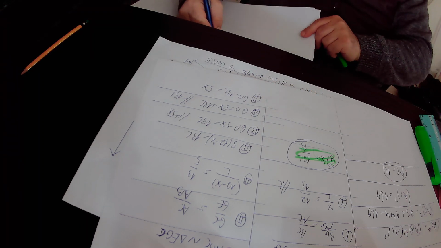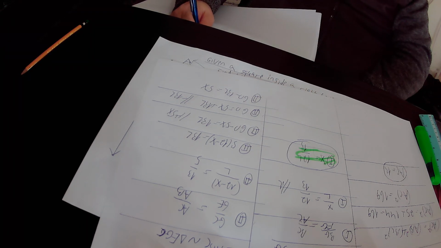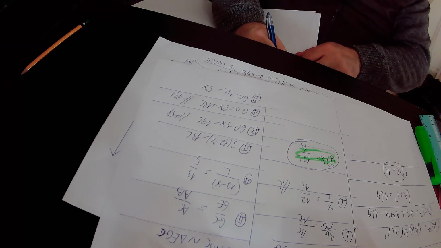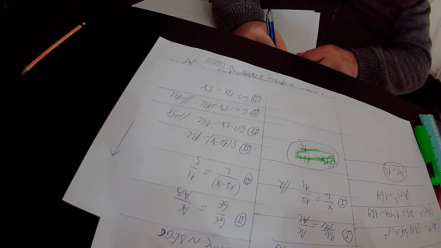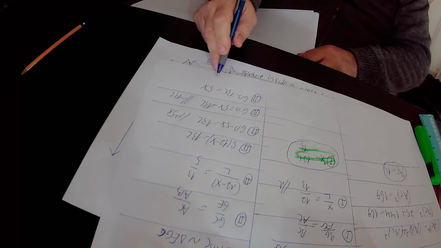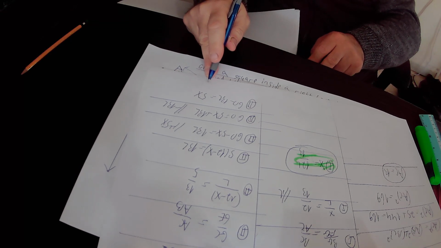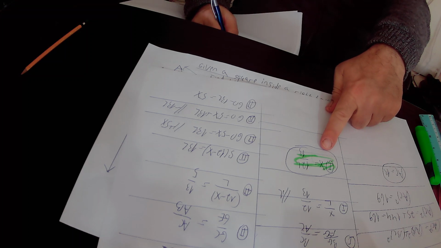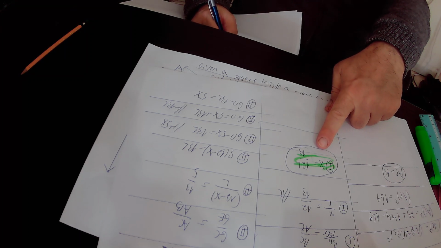We do it now, and we get that according to equation 2, 60 minus 13L equals 5x, and x according to equation 1 equals 12L over 13.